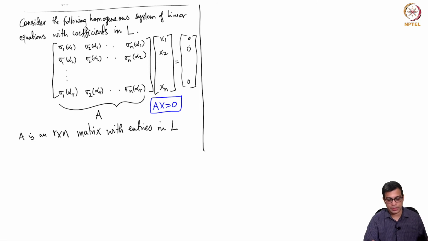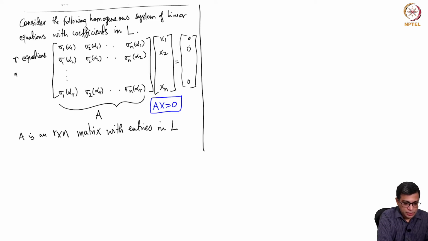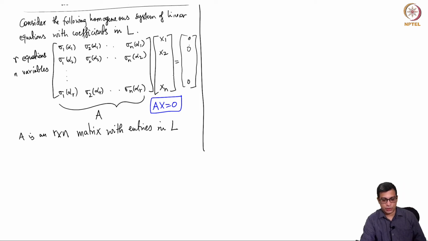So this is a system of the form Ax equal to 0. So how many equations are there? There are r equations, n variables. Variables are x1 through xn, equations are first row times the vector, second row times the vector, last row times the vector. So there are r equations.